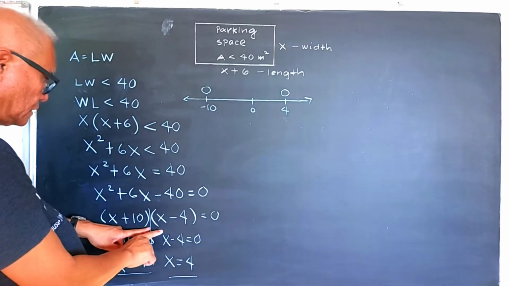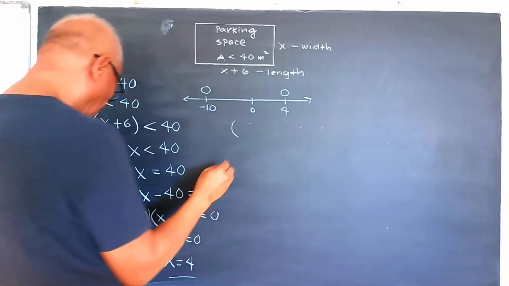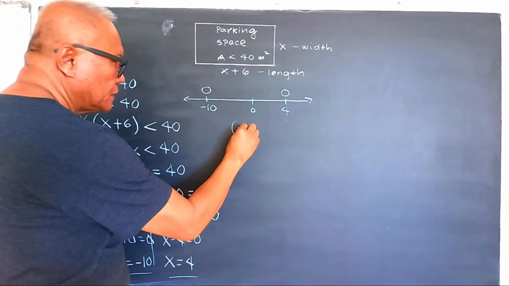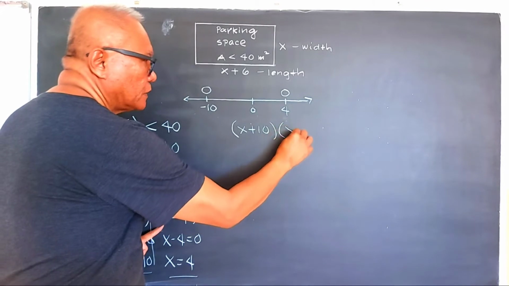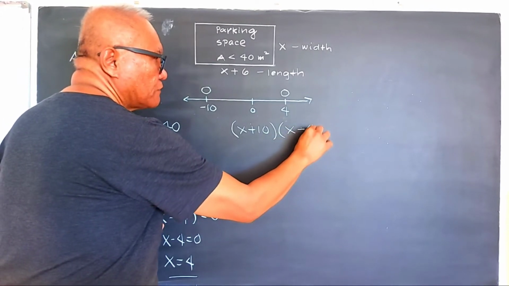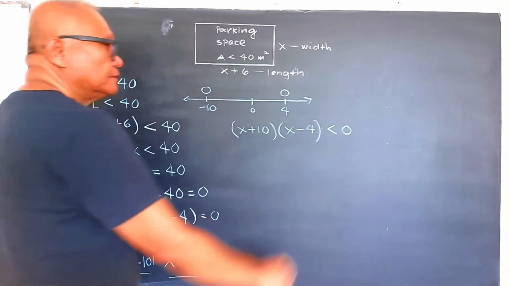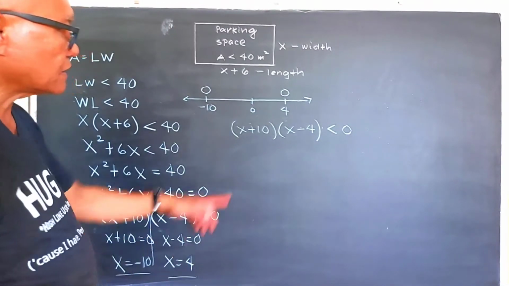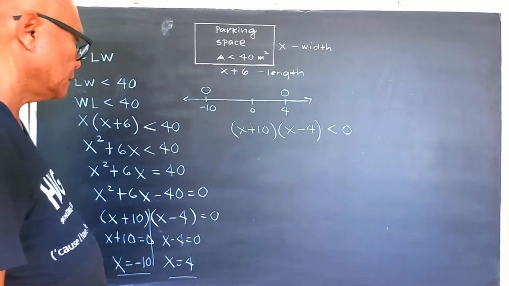You can check here or in the original equation. So (x + 10)(x - 4). Okay, that is our inequality, the factored form of our inequality.